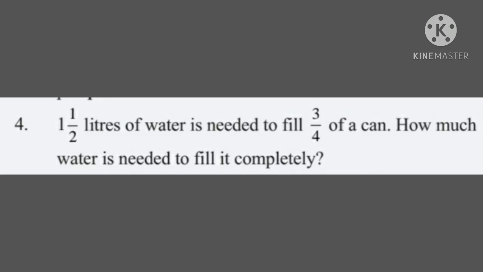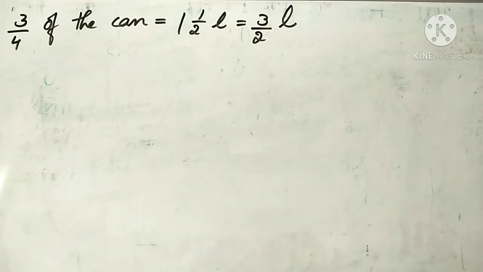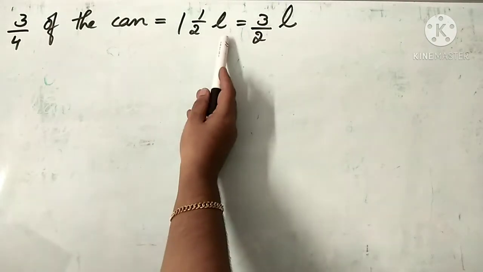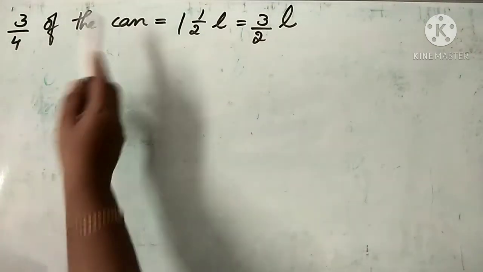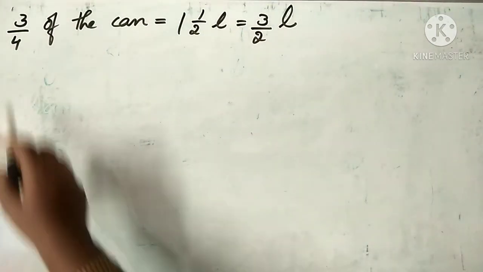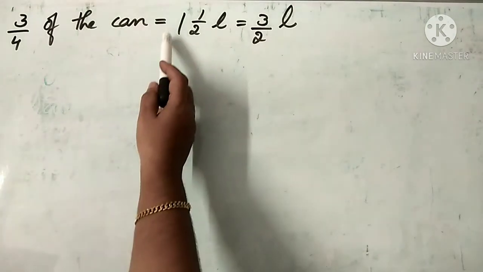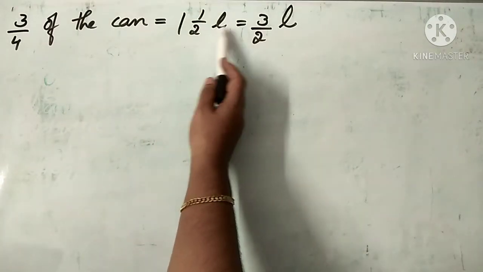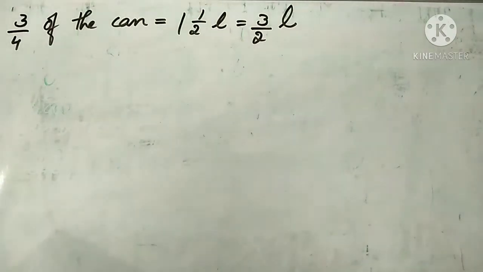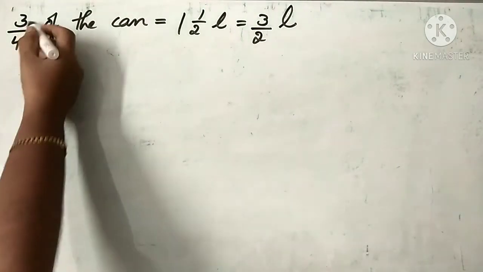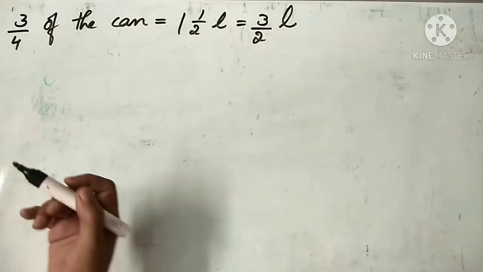Next question. 1 by 2 liters of water is needed to fill 3 by 4 of the can. How much water is needed to fill it completely? In the question, it is given that 1 by 2 liters of water is needed to fill 3 by 4 of the can. So we write 3 by 4 of the can is equal to 1 by 2 liter. 3 by 4 means 3 times 1 by 4.